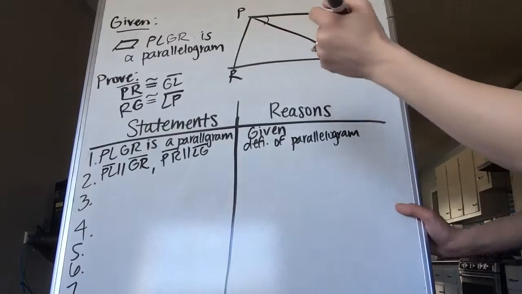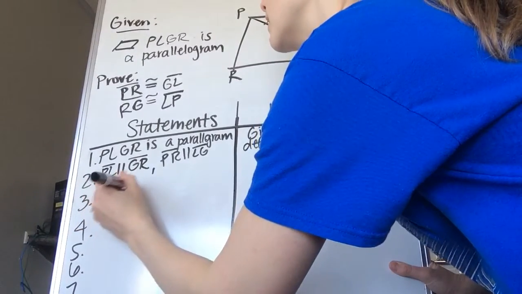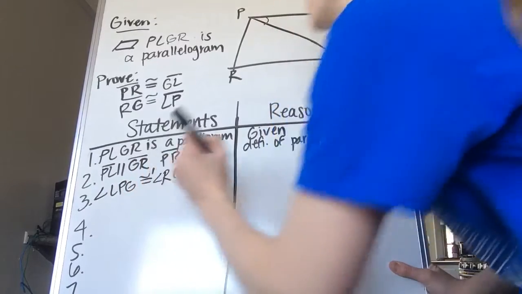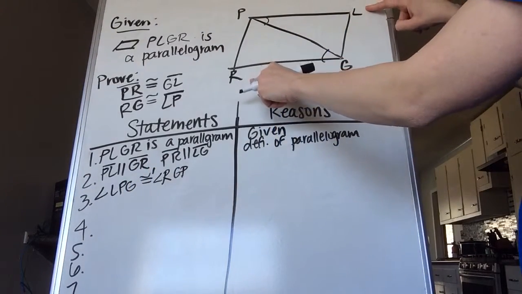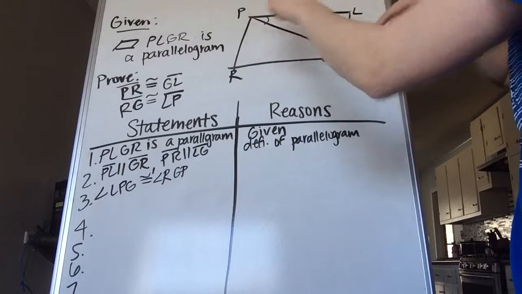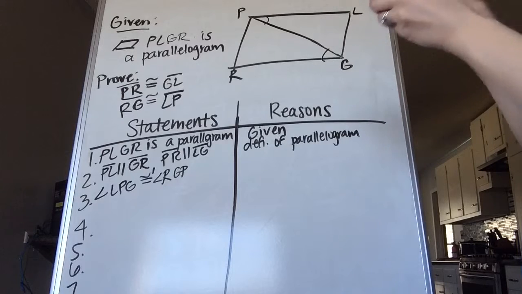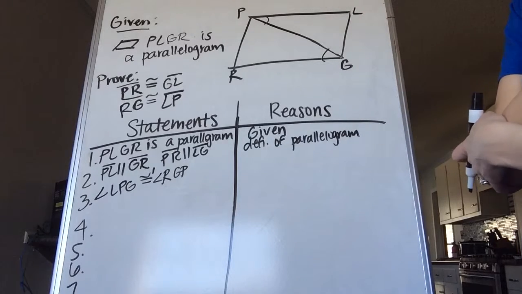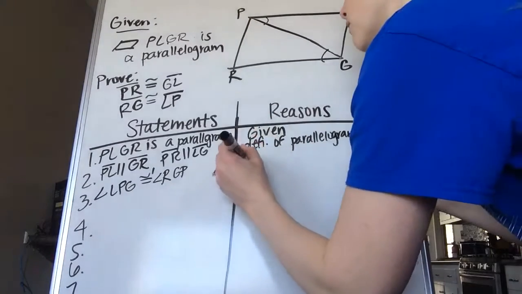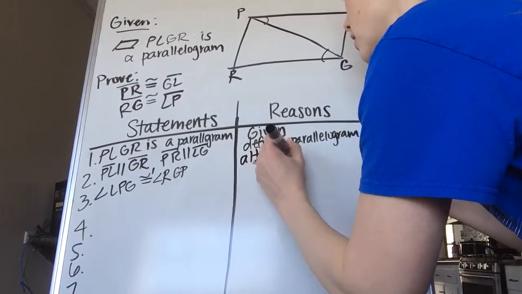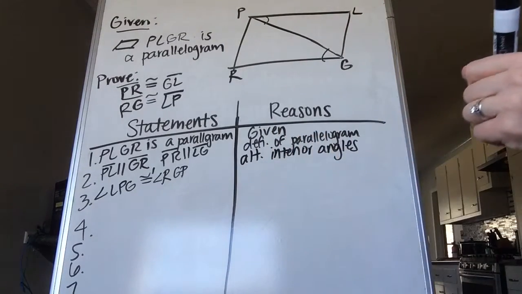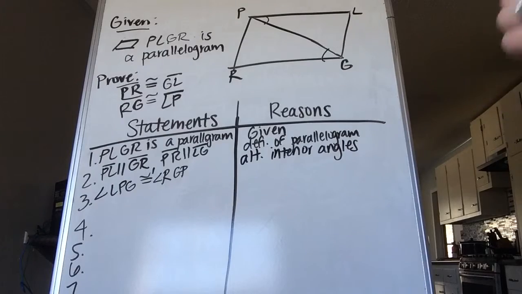So angle LPG is congruent to angle RGP. Notice I'm starting at the opposite sides, coming to G, and then going back out. So make sure that you have the corresponding parts correct. That is because of alternate interior angles: the lines being parallel, cut by a transversal, they are alternate interior angles, and they are congruent.